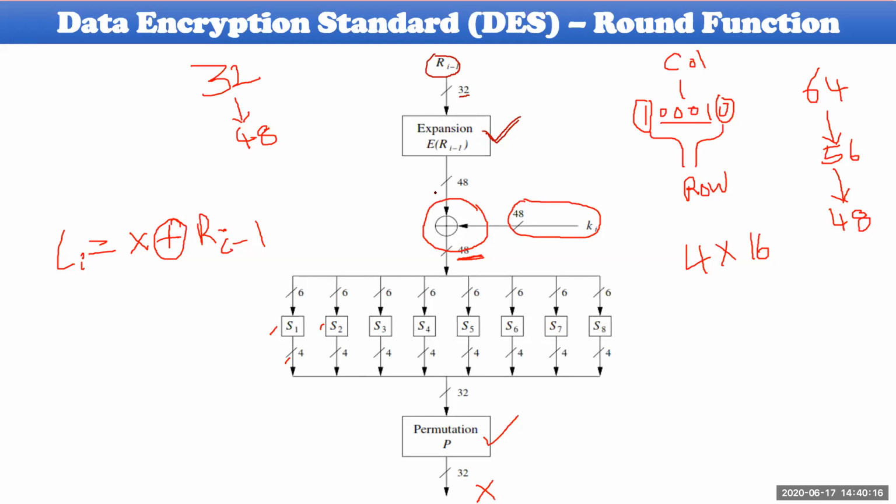The key cannot be further reduced to 32. That statement I gave earlier was wrong; unknowingly I gave that statement. The key will be 48. Then this Ri-1, which is 32 bits, will be expanded to 48 by sending it through the expansion P box.